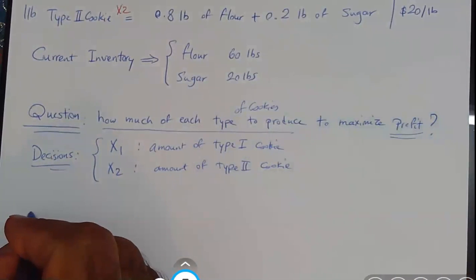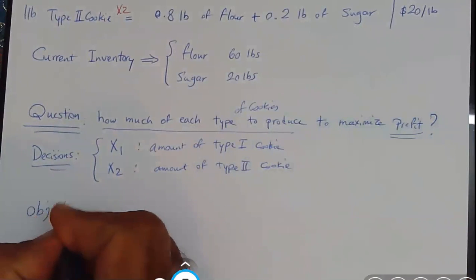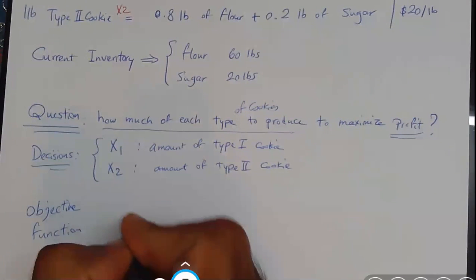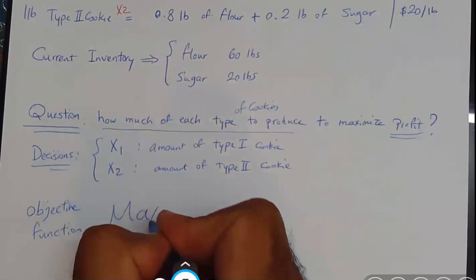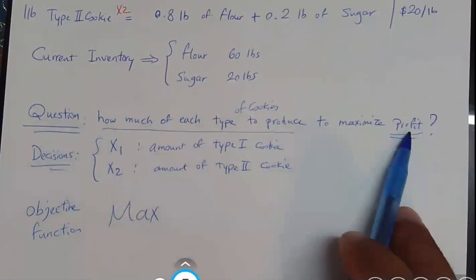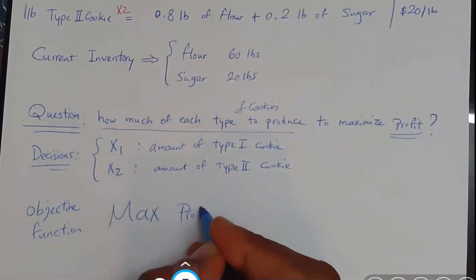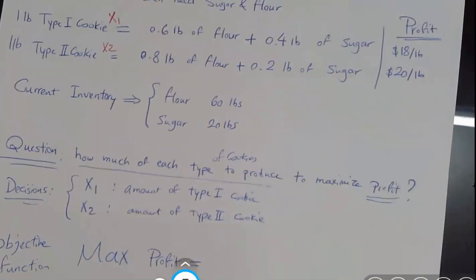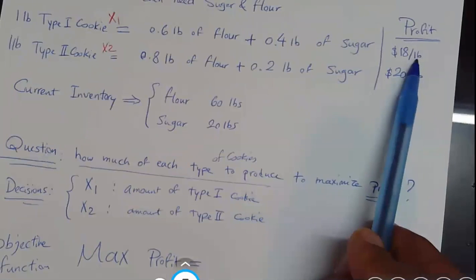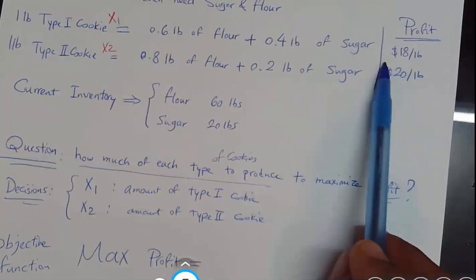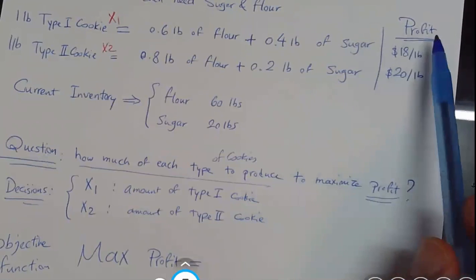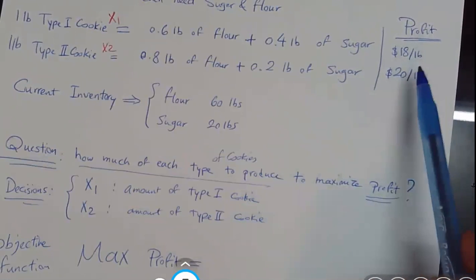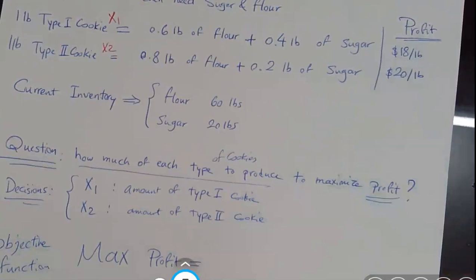So, the objective function. We want to maximize what? Total profit. We know that for each pound of type 1 cookie, we're going to make $18 in net profit, and we're going to make $20 in net profit for each pound of type 2 cookies.